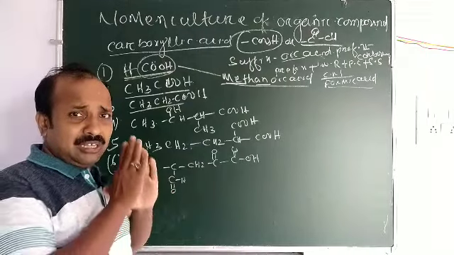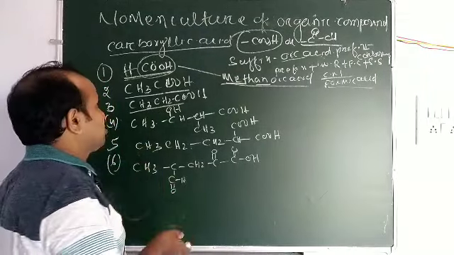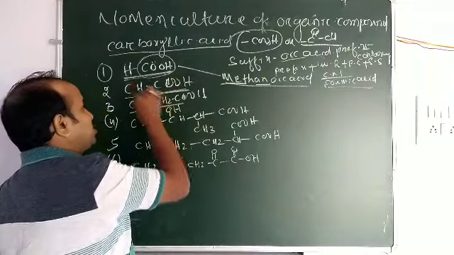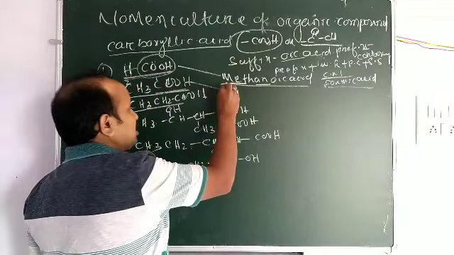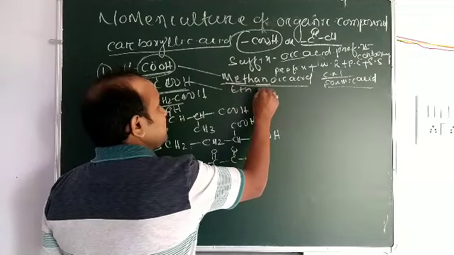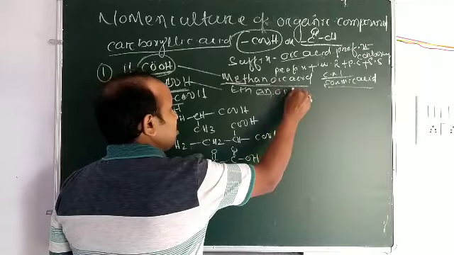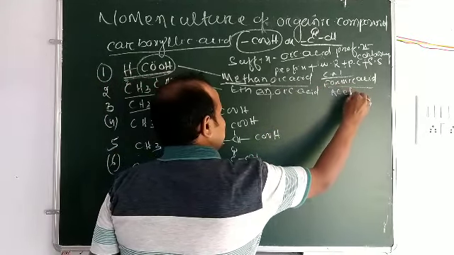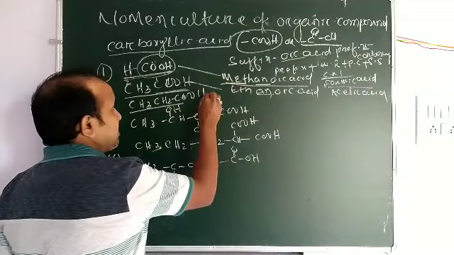So you start from the word root. Here there are 2 carbons, so its word root is eth, AN primary suffix, and oic acid. Or the common name is acetic acid.